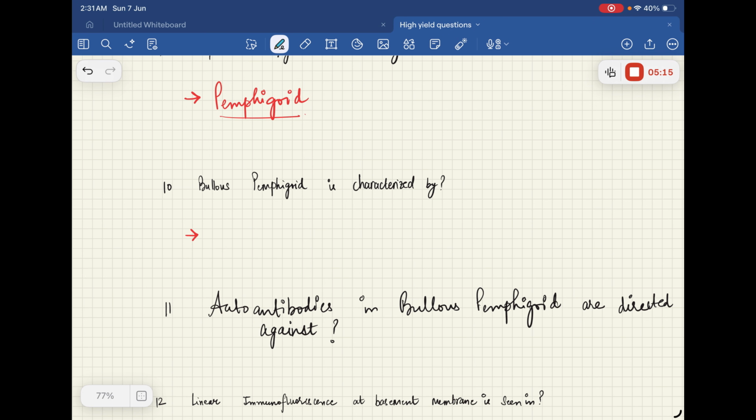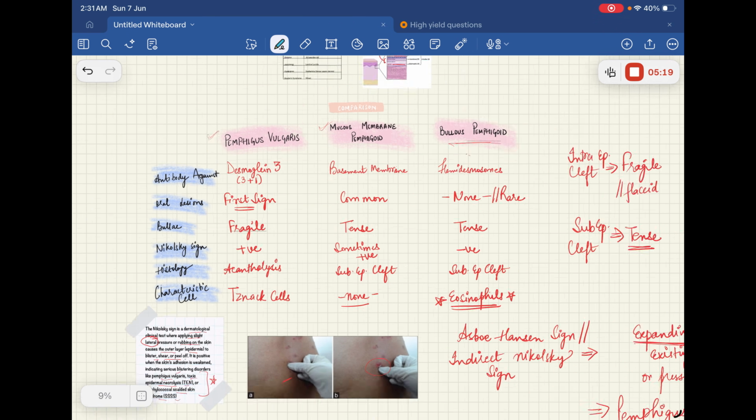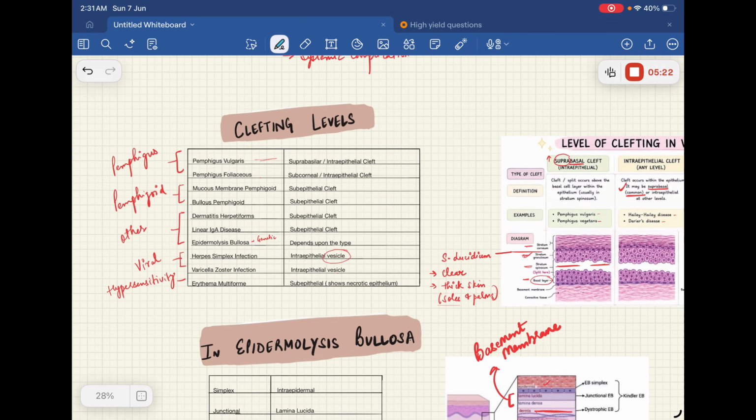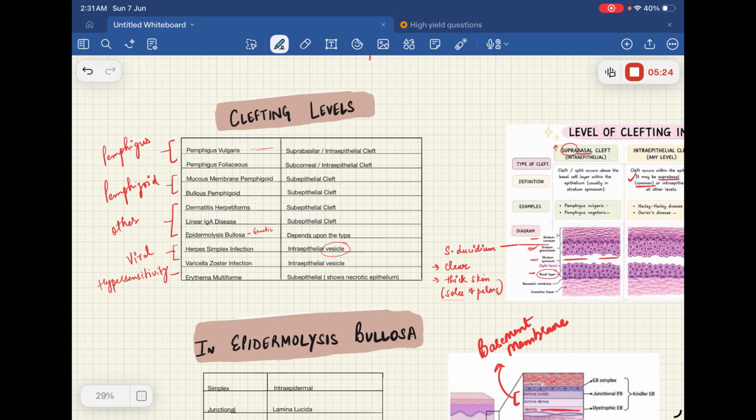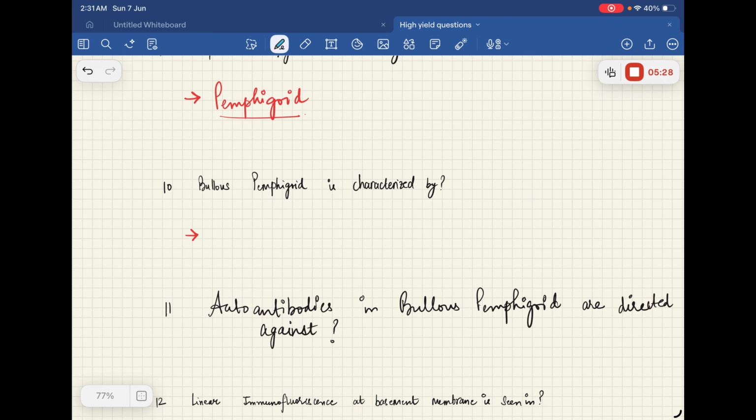Bullous pemphigoid is characterized by, let's come back to the clefting table. Bullous pemphigoid shows a subepithelial cleft, or clefting at the basement membrane zone.